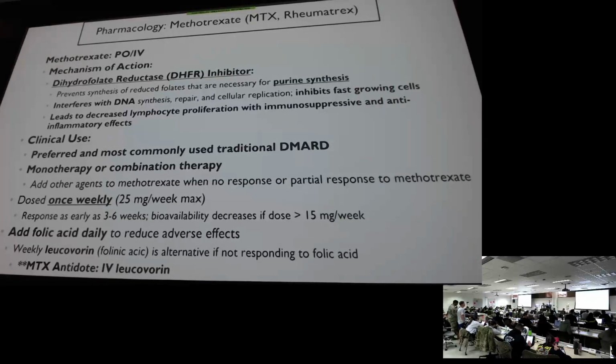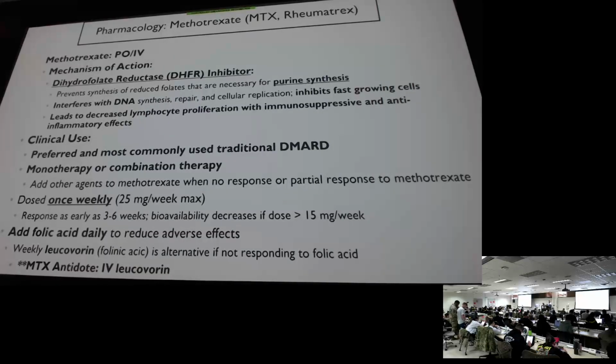25 milligrams a week is your max on this medication, on methotrexate, because if you go above 15, it's not bioavailable, so it's not doing anything, and you're getting increased risk of the side effects, which we're going to discuss. And as I mentioned, add folic acid to reduce those side effects of decreased folate.